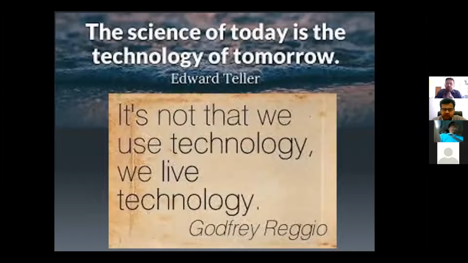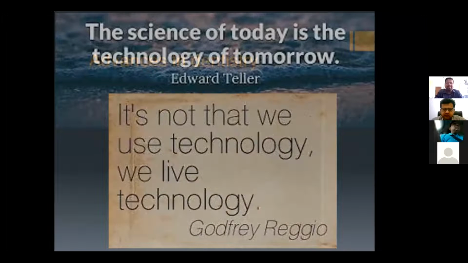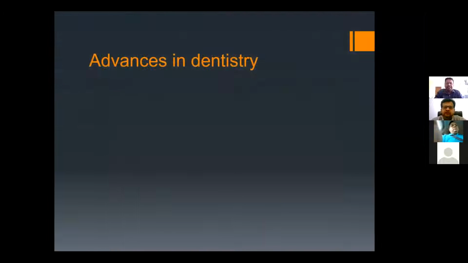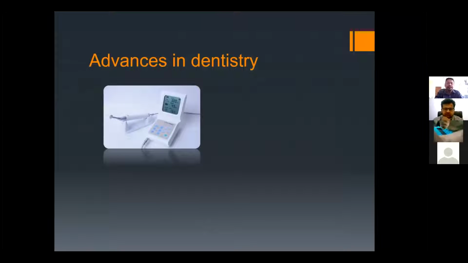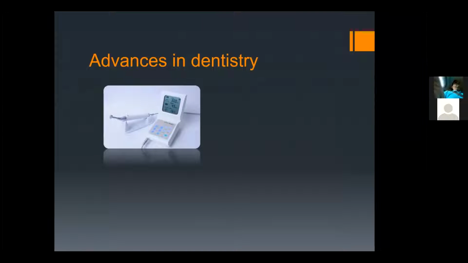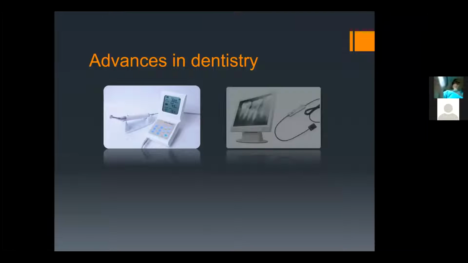The science of today is the technology of tomorrow, and it is not that we use technology, we live technology. There are many advances in dentistry which made our work easier. Initially we were using hand files, and now we use rotary instruments, so time is saved and less effort is needed for root canal treatment. Then we have RVG.